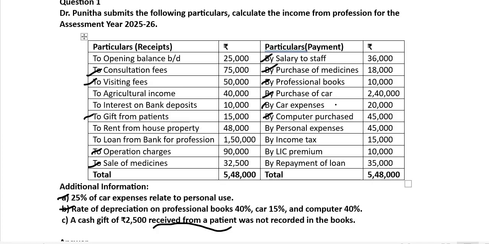Car expense 75% we have to take because 25% is relating to personal use. Likewise, computer purchased 45,000, 40% we have to take. Personal expense, don't take because it is not a professional payment. Income tax is not a professional payment. LIC premium is not a professional payment. Repayment of loan is relating to profession only, but there is no need to consider it because it is relating to the loan.